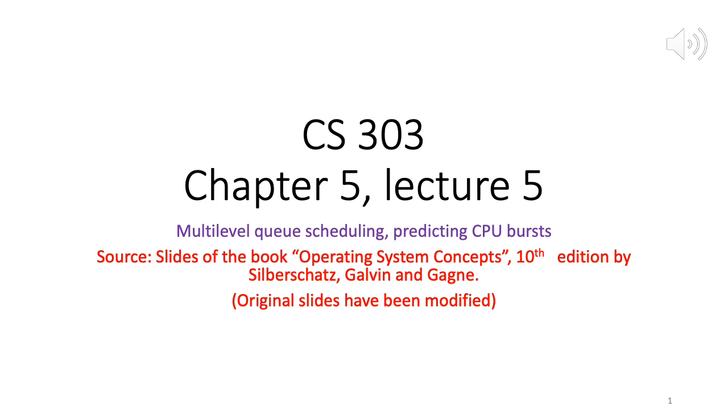The second part is predicting CPU bursts. Up till now, for whatever algorithms we have discussed, one major quantity that we need so that the scheduling algorithm can work is each process's execution cost, which means how long the process is going to take. This depends on the instructions, on how many instructions it has, and also on the type of instructions.